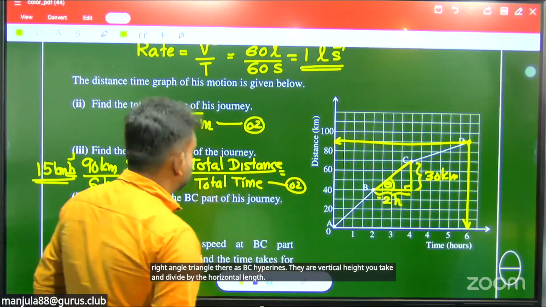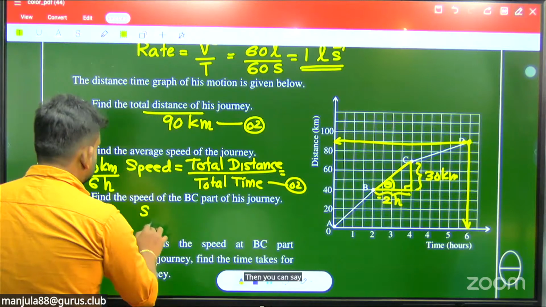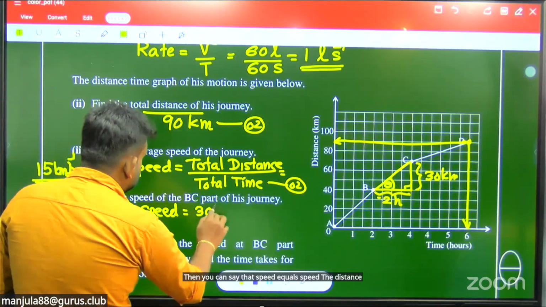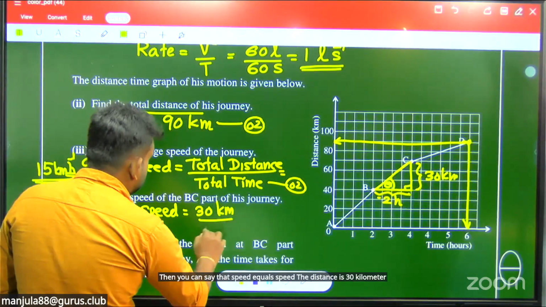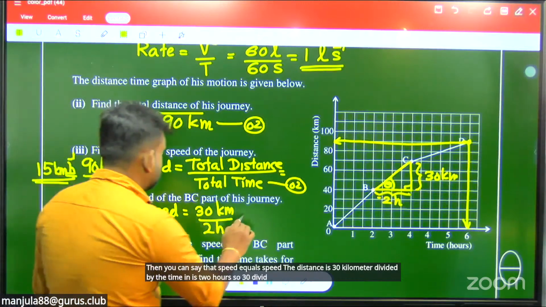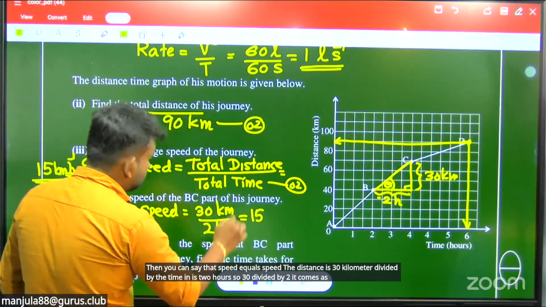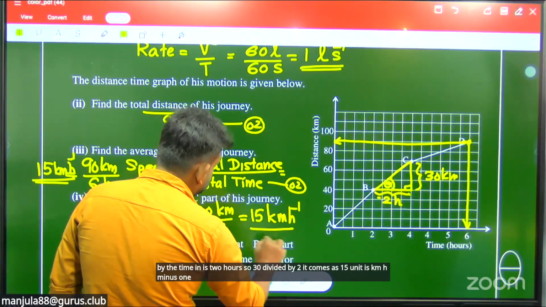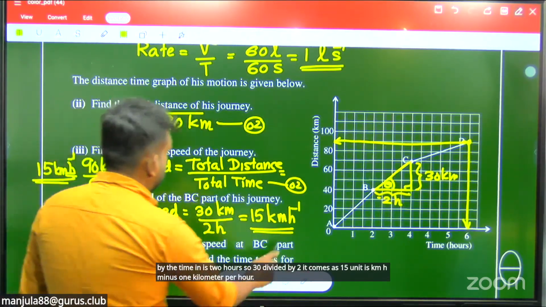Then speed equals distance 30 kilometers divided by time 2 hours. So 30 divided by 2 comes as 15, unit km h minus 1, kilometer per hour. Right, you have 2 marks there.